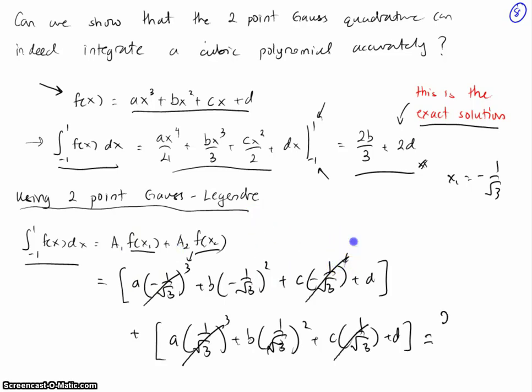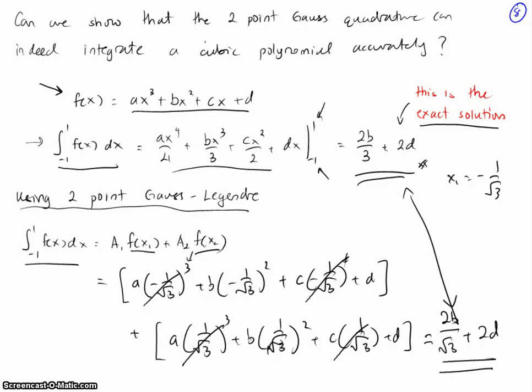And from here you can show that this is eventually equal to 2b over square root 3 plus 2d. And if you compare to the exact solution, this proves that by using two-point Gauss quadrature, you are able to perform exactly the integral of a cubic polynomial.